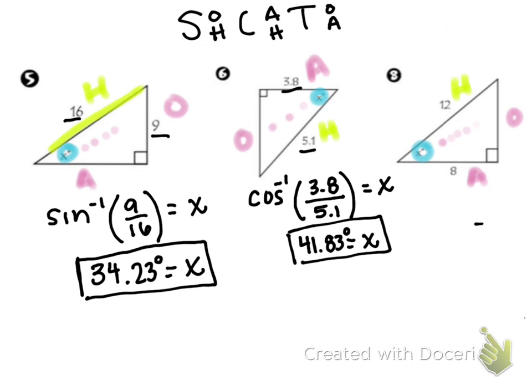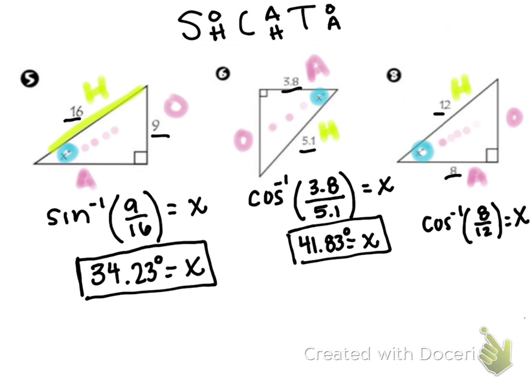For this one, I have that 12, which is H, and that 8, which is an A. H and A is cosine. Because you're looking for an angle, you're going to be using the inverse, and then it would be A divided by H. So your A is 8, your H is 12.